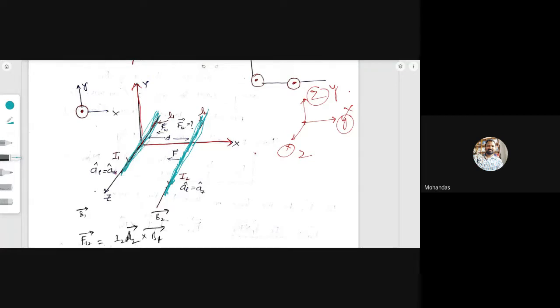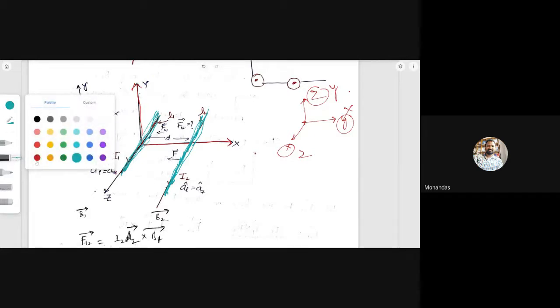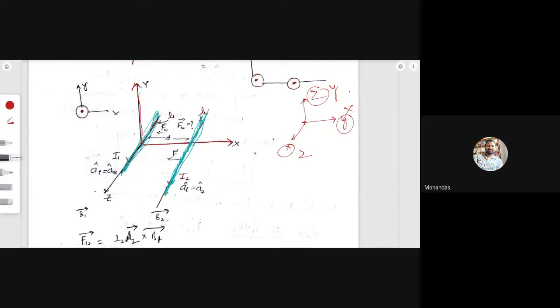Now, how is the current flowing? Current is flowing in the positive z direction. This is the positive z axis, and the current flows like this. This current is I1 and this current is I2, and these two conductors have lengths.